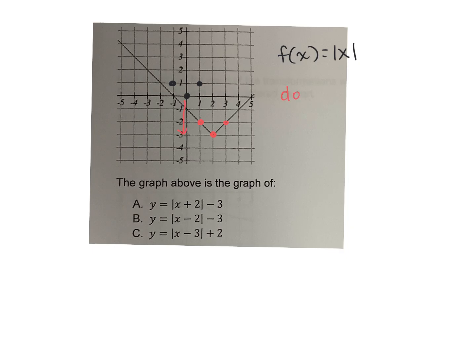So down 3 first. And then I would go right 2. And that same pattern follows all the way through. So to come up with the new graph, we have f of x equals the absolute value of x minus 2, and then we will subtract 3 to go down. So that would be b in this case.